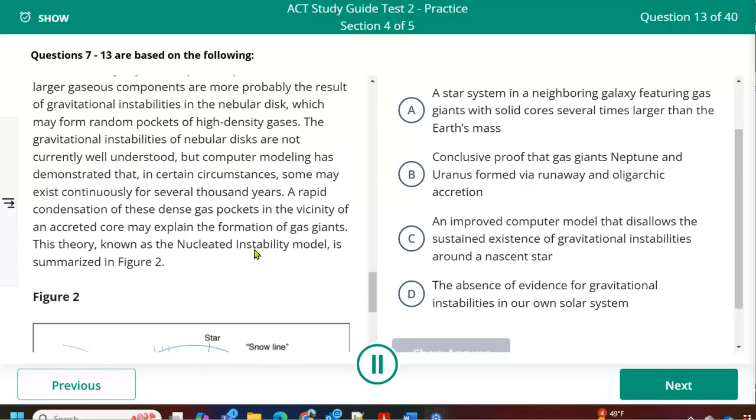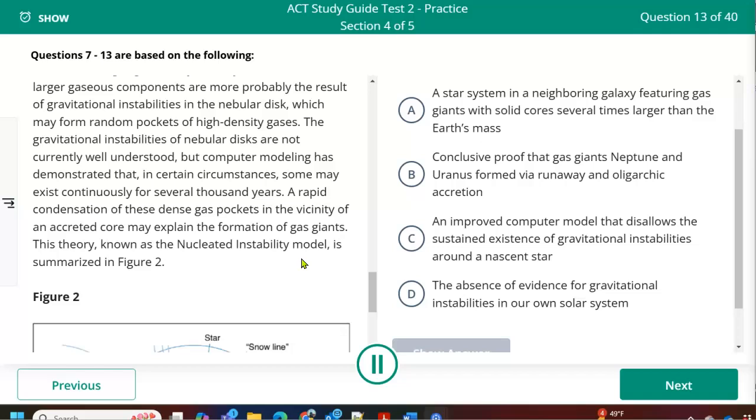Okay, that's kind of a red herring there, in that the fact that there are no gravitational instabilities in our own solar system, these planets formed a long time ago. So we don't need gravitational instabilities now in our own solar system.